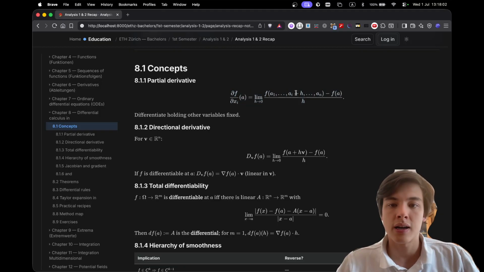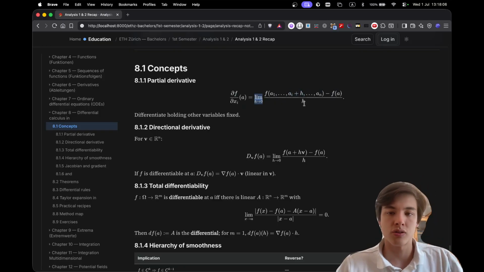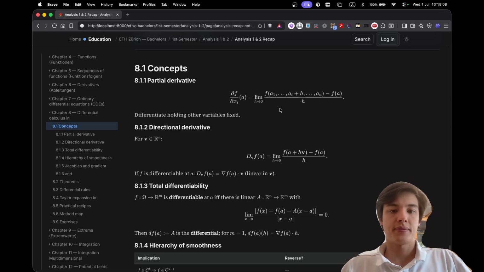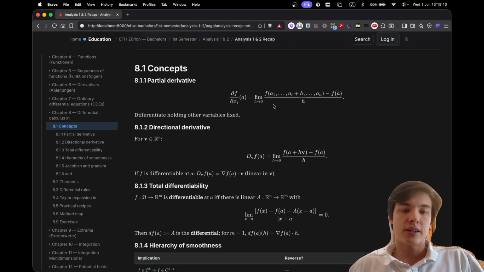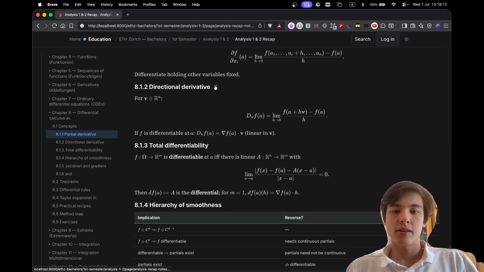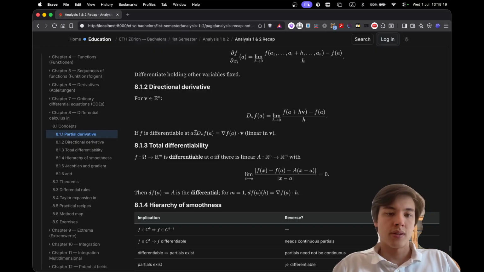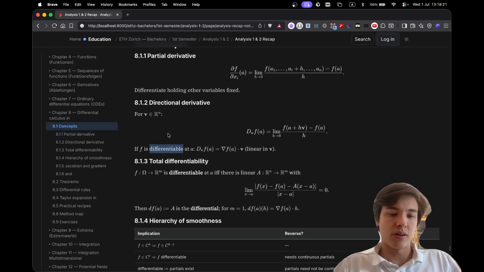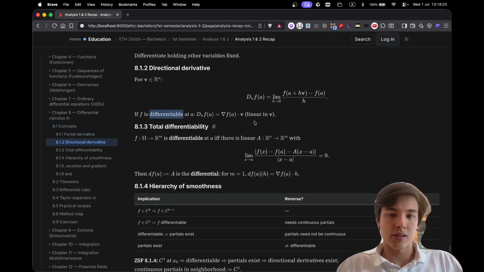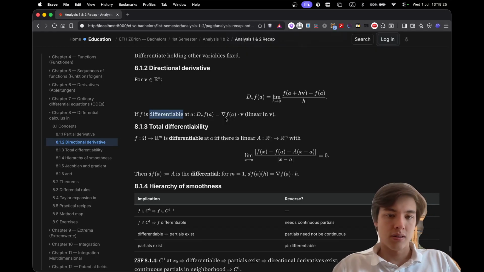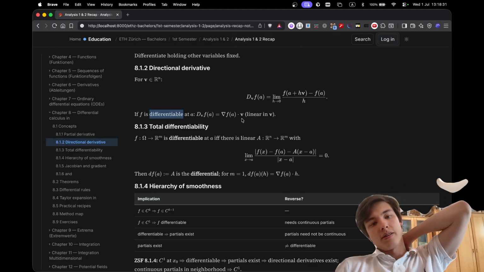For the partial derivative in the ith variable, we take the limit of h going to 0 while the other variables are fixed. The directional derivative is if we have some vector in some direction, and it is differentiable if in all directions it's linear in this.